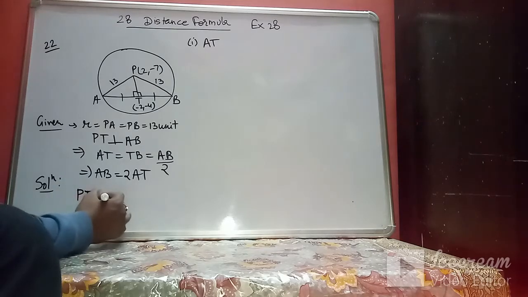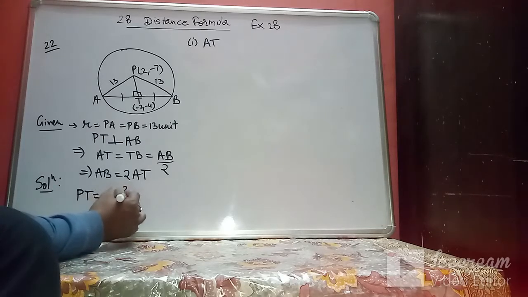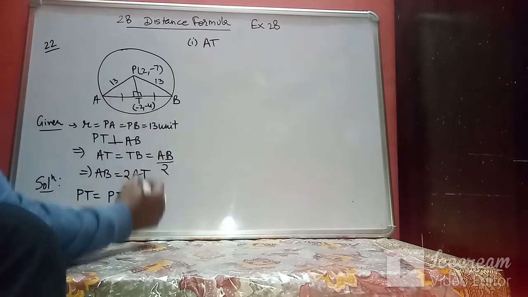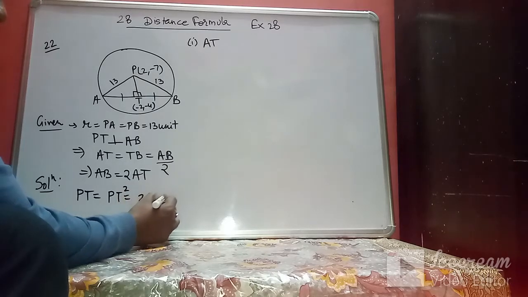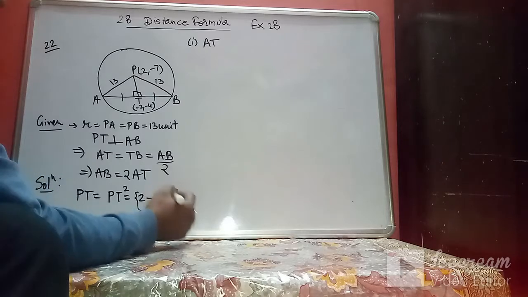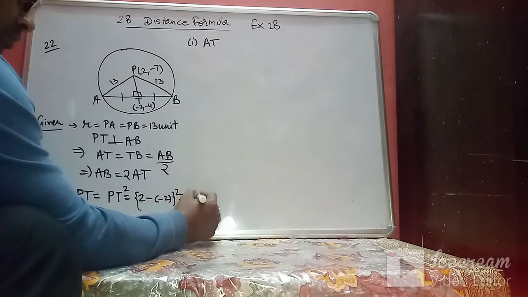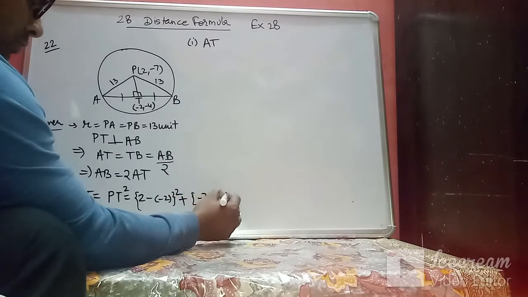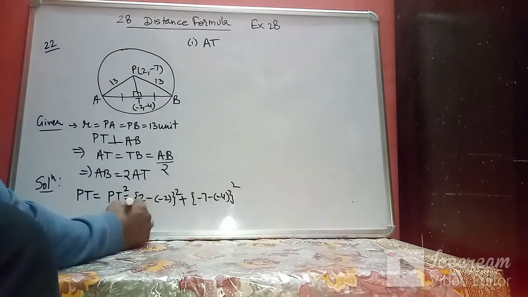So first we will find the value of PT. Or we will find the value of PT square. So what will PT square be? (2 minus (minus 2)) whole square plus (minus 7 minus 4) whole square.